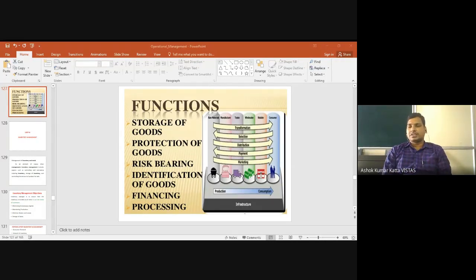In the process of dispatching, we can temporarily store all our finished products at our warehouses. So a warehouse is a place where we can store products at any stage, temporarily. Now, the first function is the storage of goods.